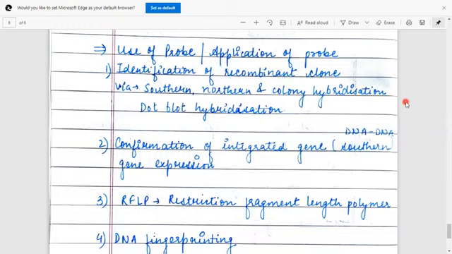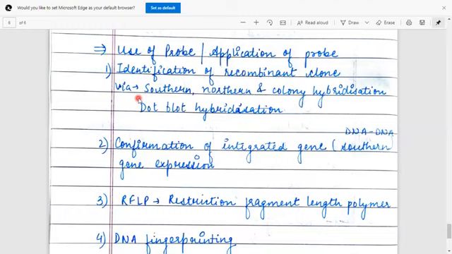There are various applications of the probes. So how can these probes be used? First one is identification of the recombinant clone.